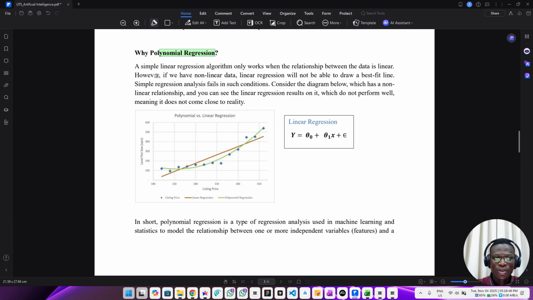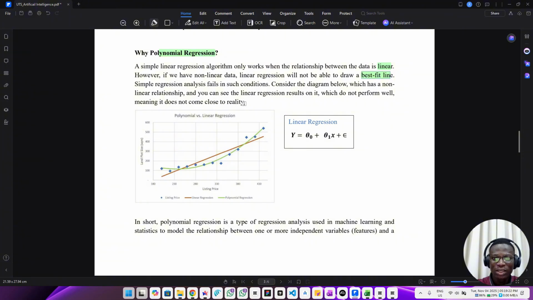regression. A simple linear regression algorithm only works when the relationship between the data is linear, right? However, if we have nonlinear data, linear regression will not be able to draw a best fit line. So simple regression analysis fails in such a condition. Consider the diagram below, which has nonlinear data.